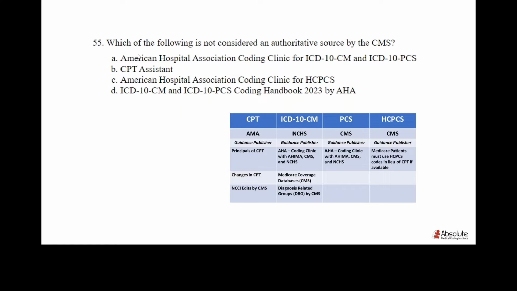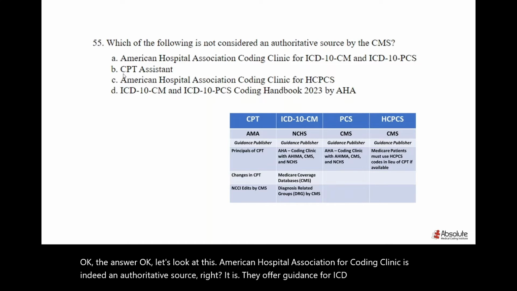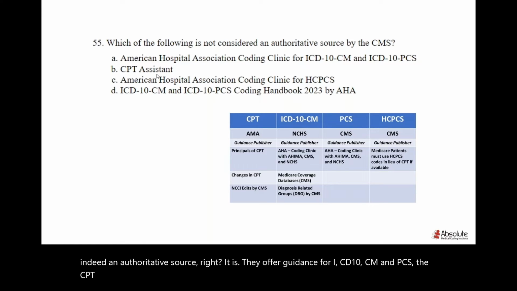Okay, the answer. Let's look at this. American Hospital Association Coding Clinic is indeed an authoritative source, right? It is. They offer guidance for ICD-10-CM and PCS. The CPT Assistant is also authoritative, of course, because they offer guidelines for CPT codes.